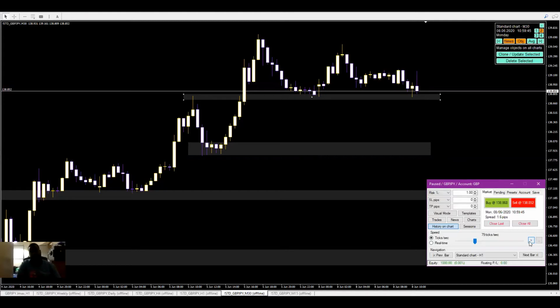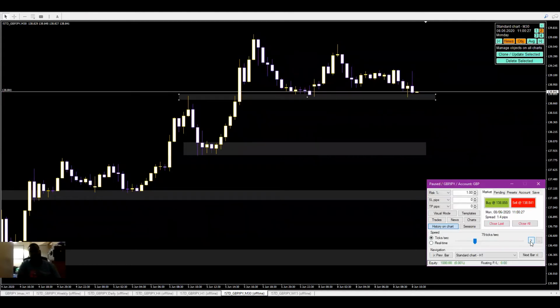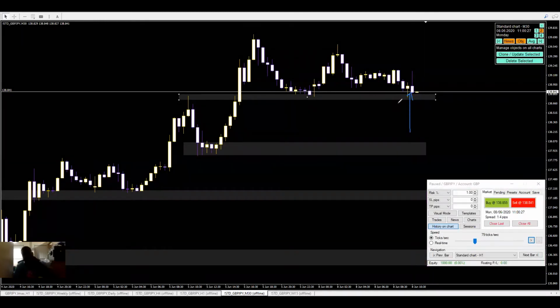So that's a little scary, right? This candle's about to close, and I don't necessarily like how this candle closed, because obviously it's still respecting support. It's still closed above support, right? But it did a nice liquidity grab. So this next candle could just break out of here, right?